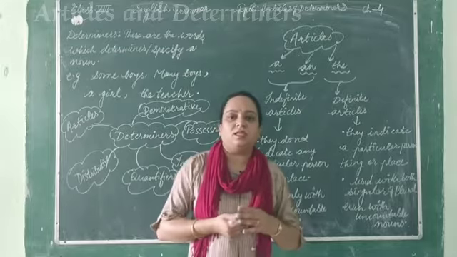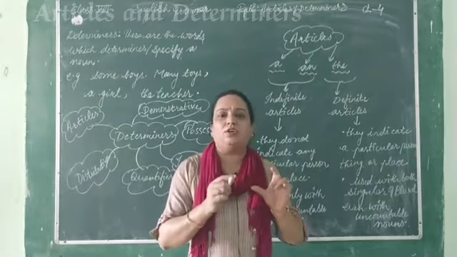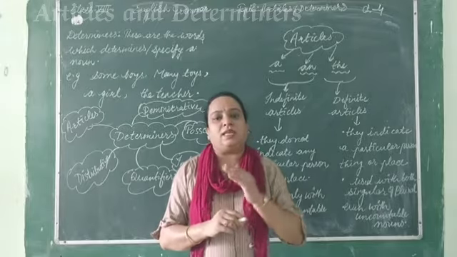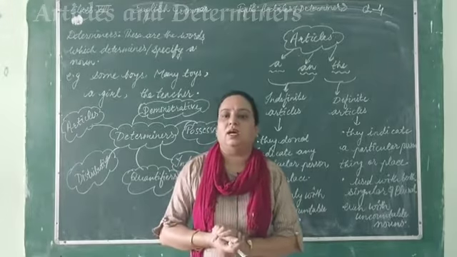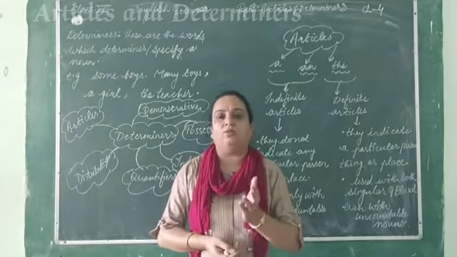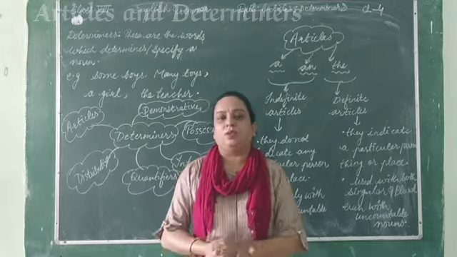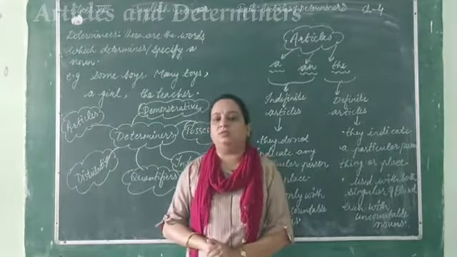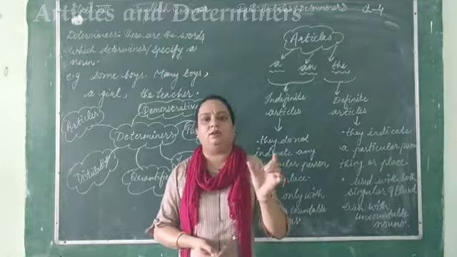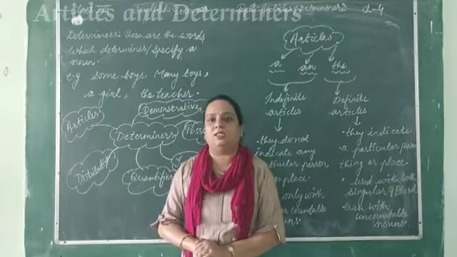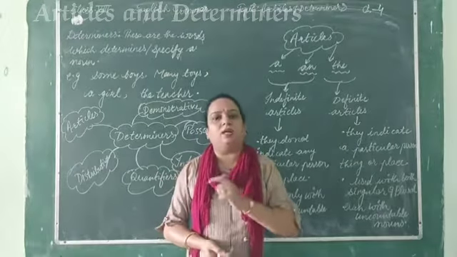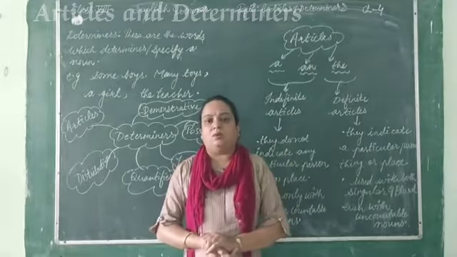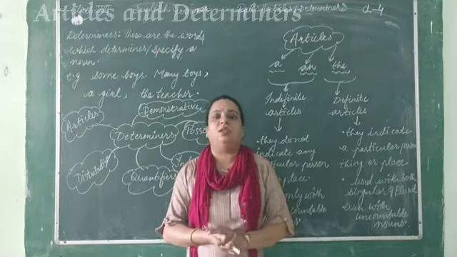When we talk about the position of the determiners, that is exactly the same as adjectives, right? Before the nouns. So let's have a look at the determiners first, and how many kinds of determiners there are, because the name of the chapter is articles and determiners, but the article is also a kind of determiner, right? So we have to start with determiners.